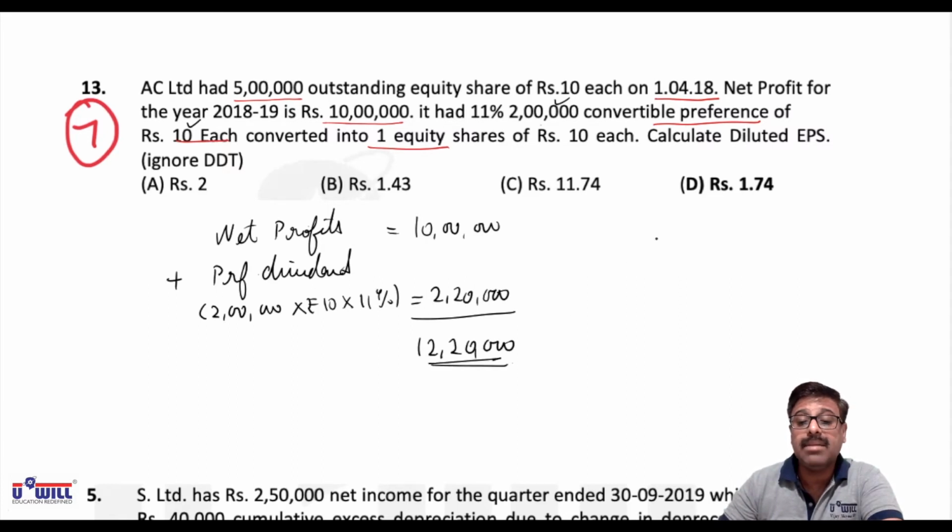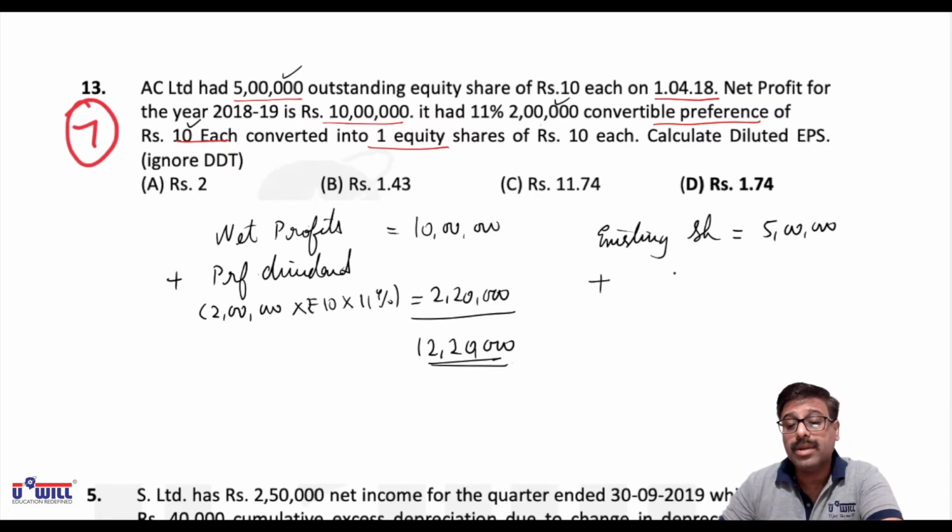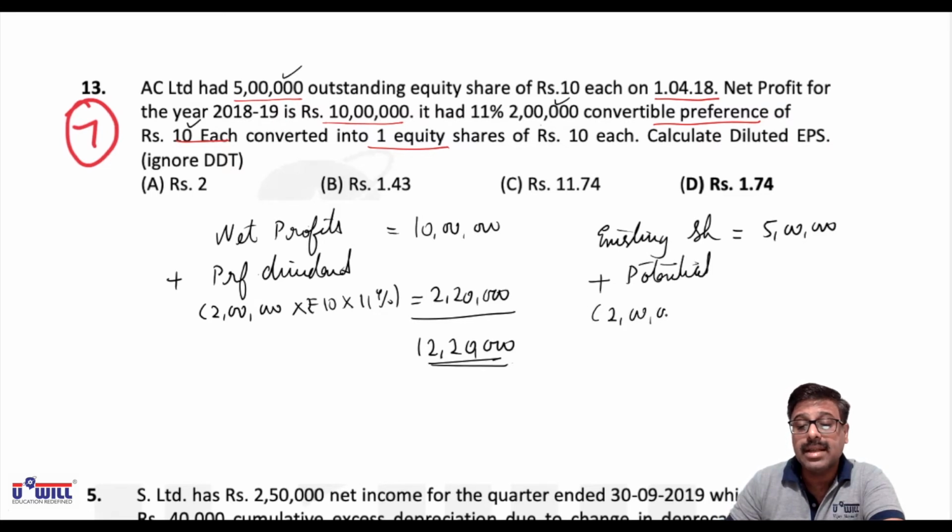And against that, number of shares, existing are already 5 lakhs. In that we add 2 lakh into 1, so potential equity shares will be again 2 lakh only, because each preference share, that is 2 lakh shares, is converted into 1 equity share only.